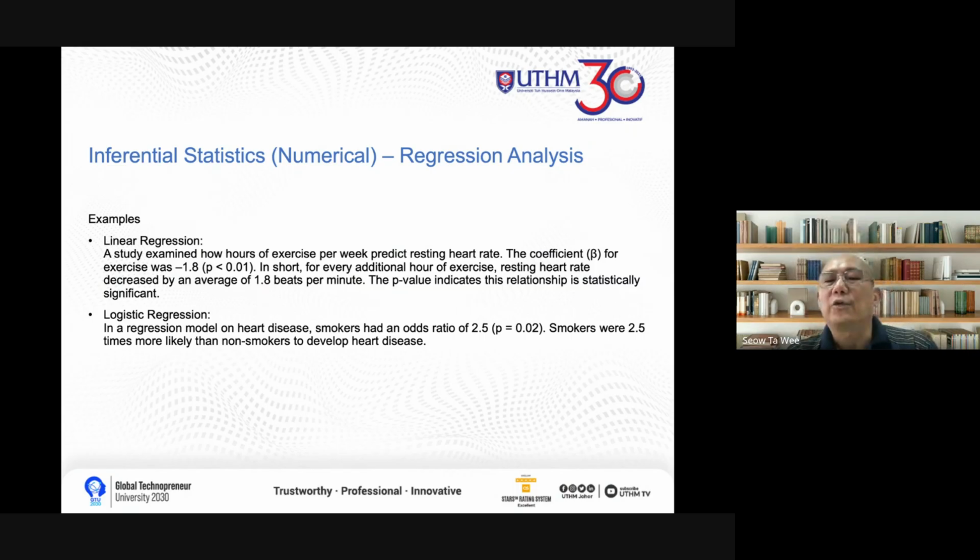So you have to look at the odds ratio and then the p-value to understand how many times more likely one group is than the other. The odds ratio is important in logistic regression analysis.